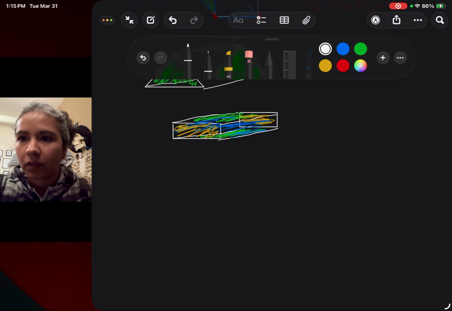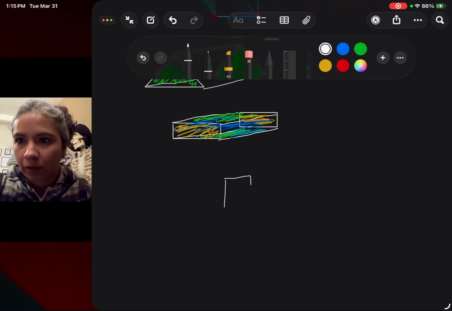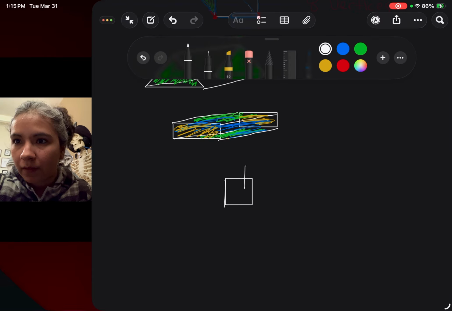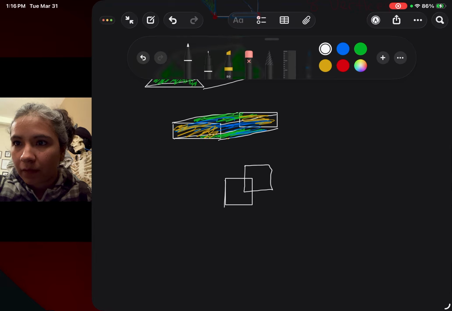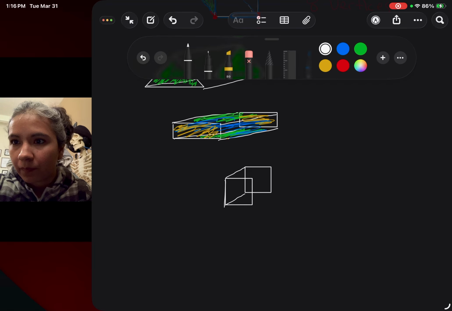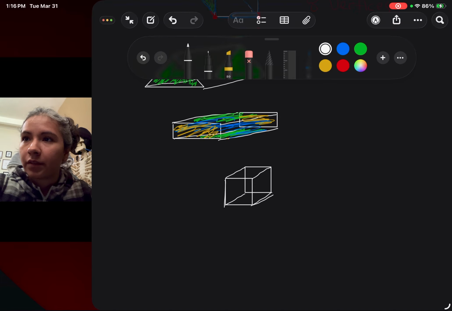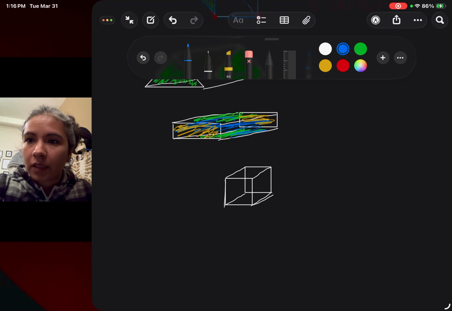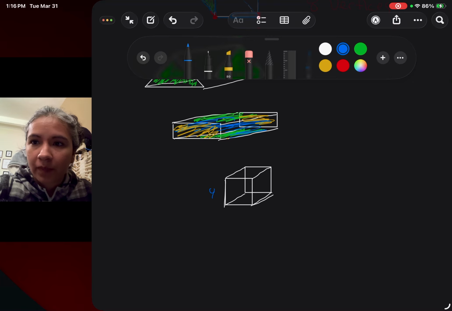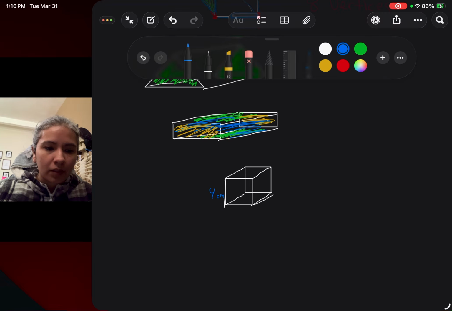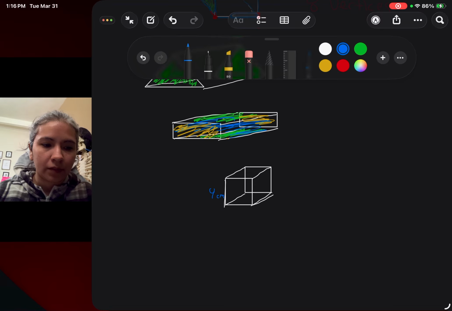Let me draw this. And so a cube has all the same, so this would be like the cube tissue box. So let's say that this side is 4 centimeters. So since it's a cube, all the sides are 4 centimeters, right?